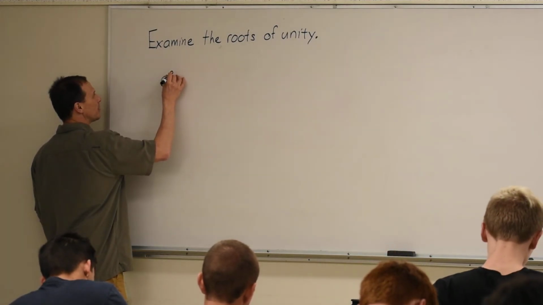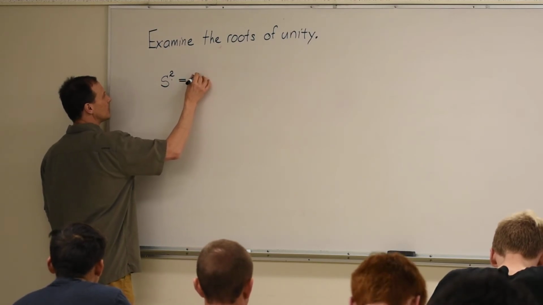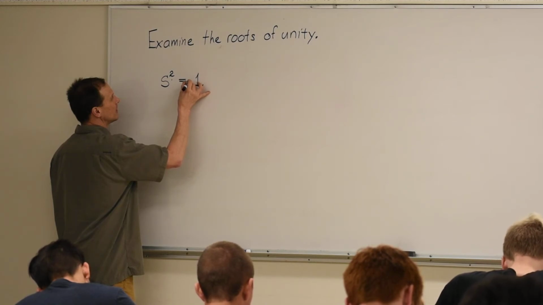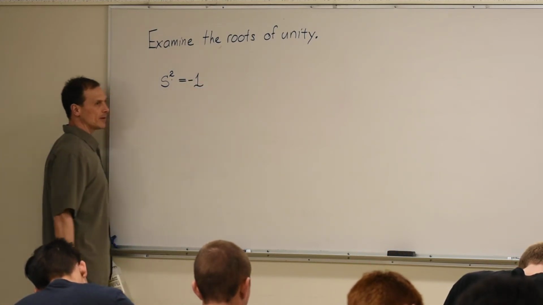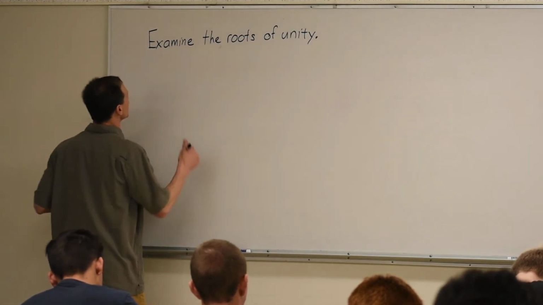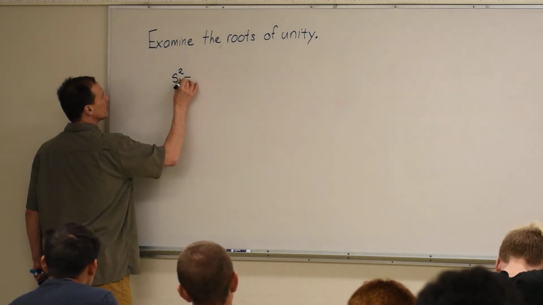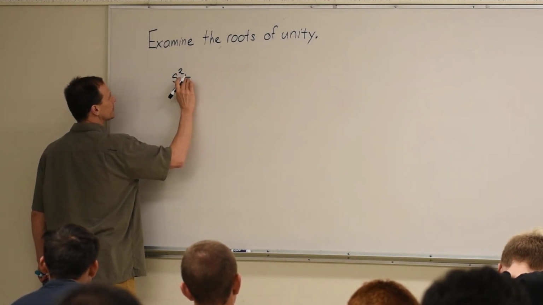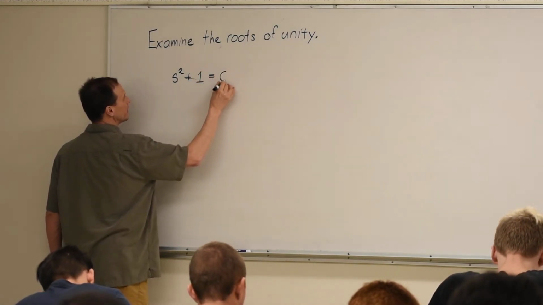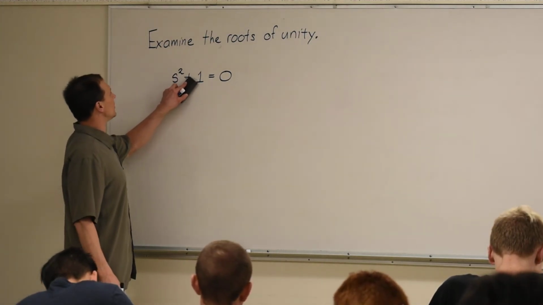If I give you the problem of S squared plus 1 equals 0, before you started solving that, and I know you know the answer, but that's not the point.